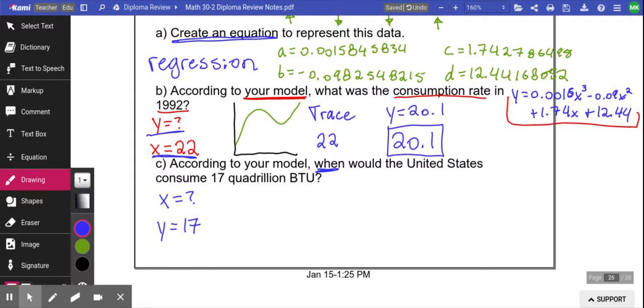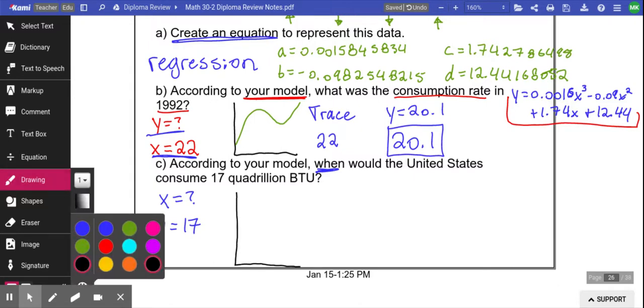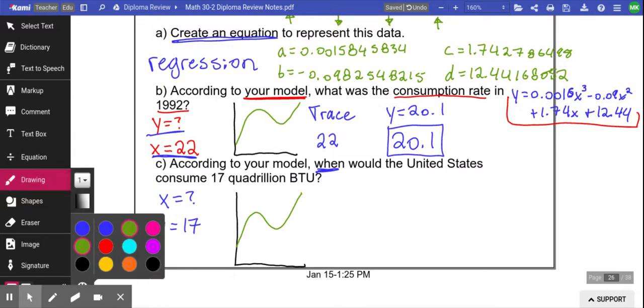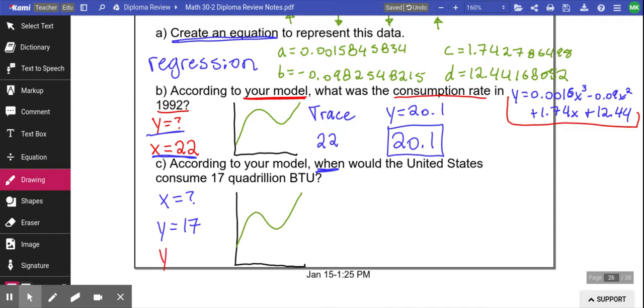So what you need to do is go back to your beautiful graph. You need to draw a line at Y2, 17. And that's going to draw a nice horizontal line at all the places that there's 17 quadrillion BTUs. The line goes right here.